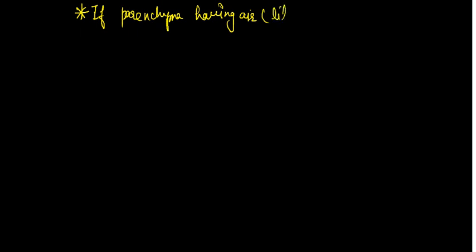If parenchyma has air, like in Hydrilla, which is commonly called jalkumbhi or water lily, then it is called aerenchyma.